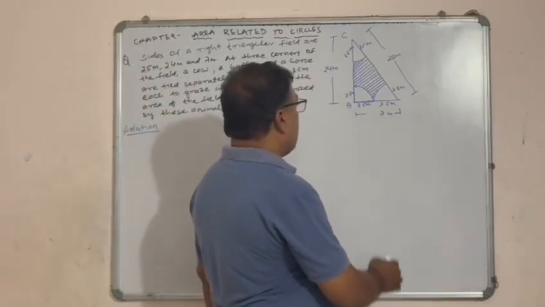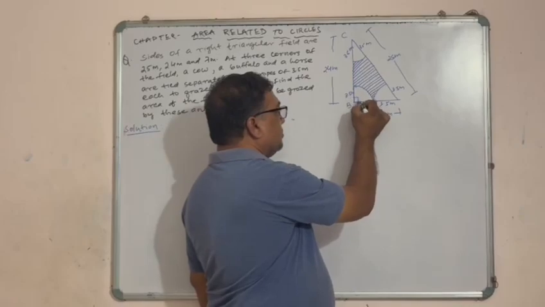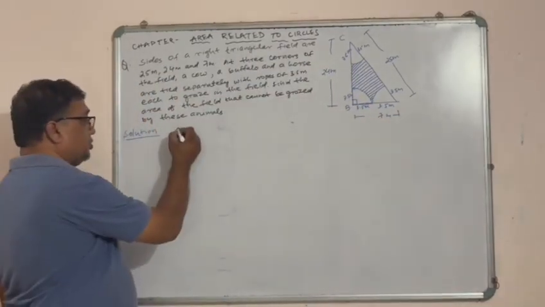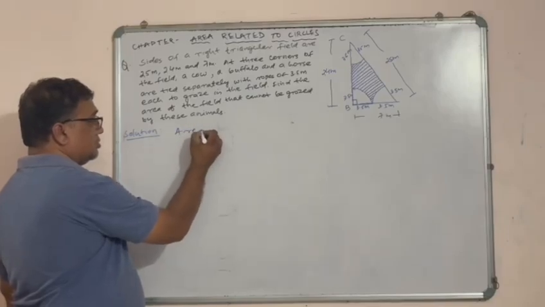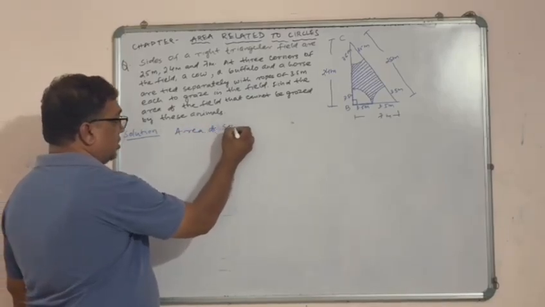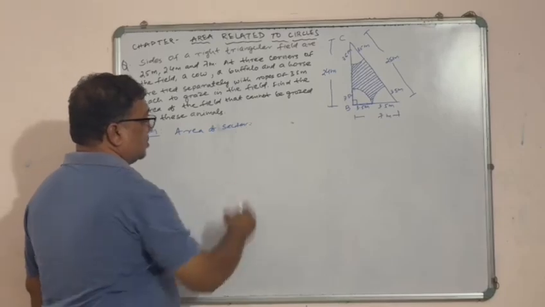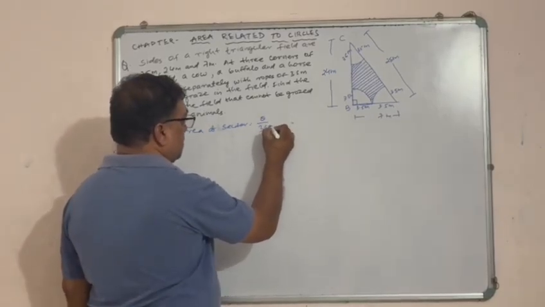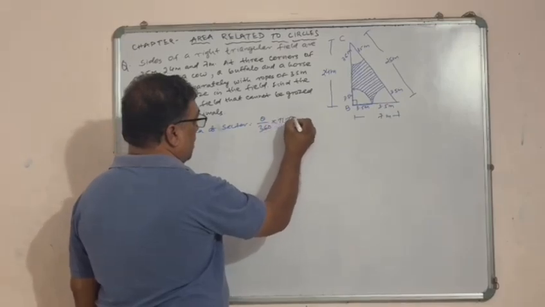So here an angle is formed. The formula is area of sector, that is called theta by 360 into pi r square.